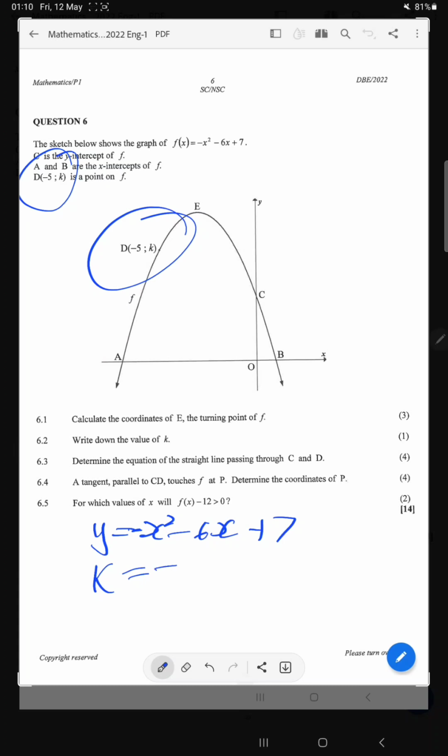Therefore, we replace this x with minus 5 because minus 5 is the x coordinate. That's how it goes.